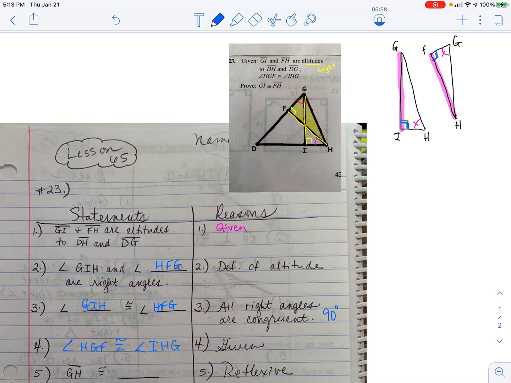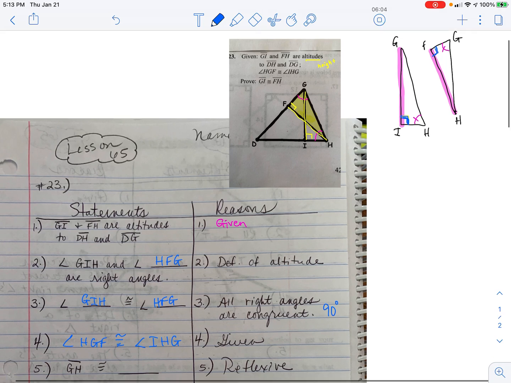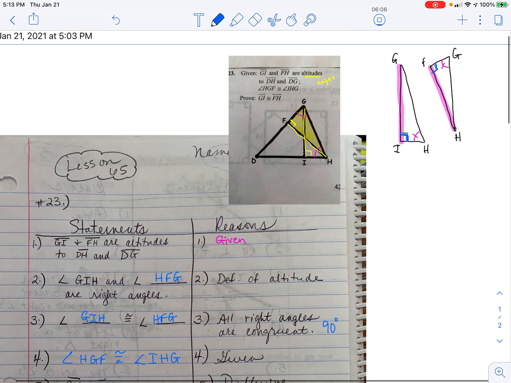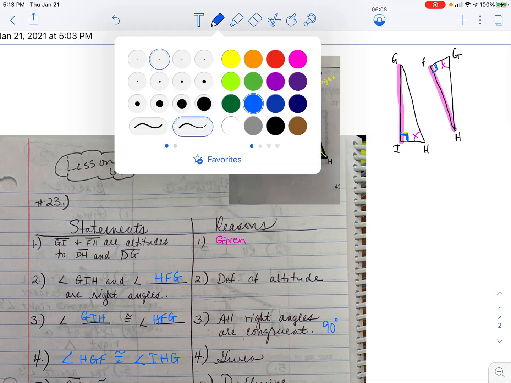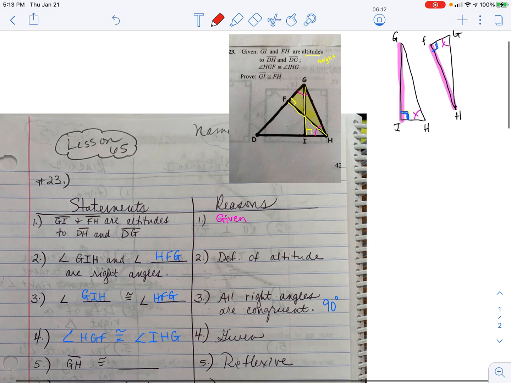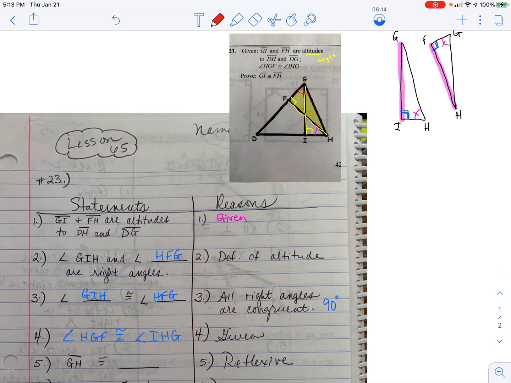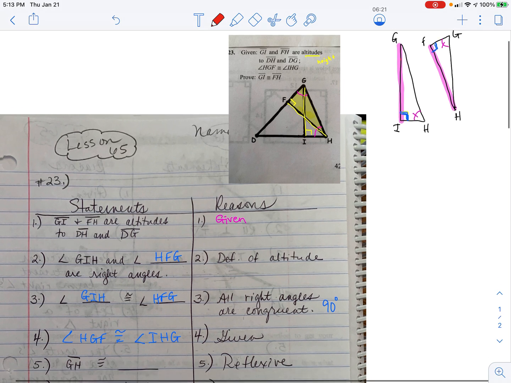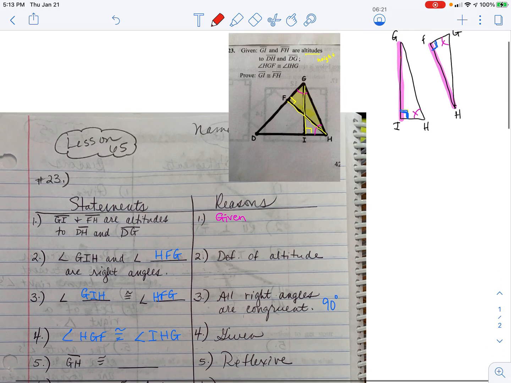GIH, that doesn't make sense. And IHG, HGF, sorry, HGF, here we go. And I'm going to use a different color for that. I'll use red. I was looking at number 3. So number 4 says HGF, over here, but that's already marked. All right, HG.